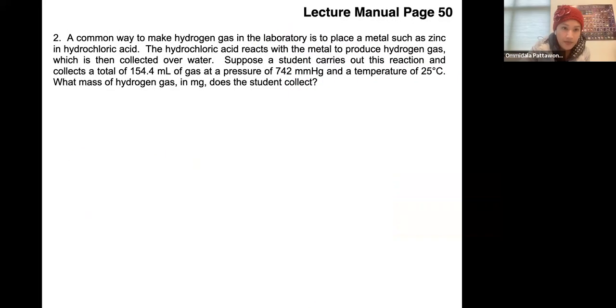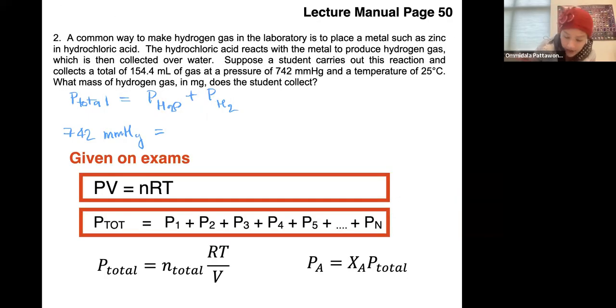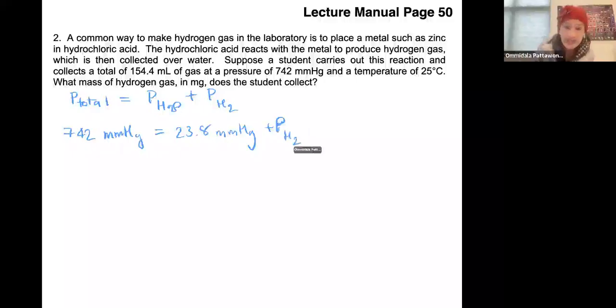Now let's set it up here. We have P total equal to P of the water plus the pressure of hydrogen gas. So 742 millimeters of mercury equals 23.8 millimeters of mercury for water plus the partial pressure of hydrogen gas.